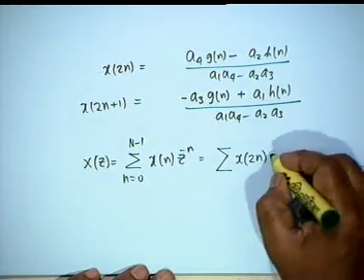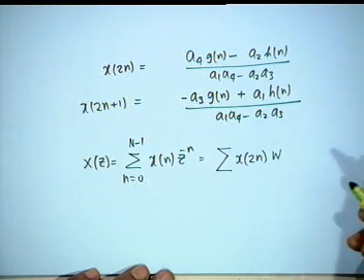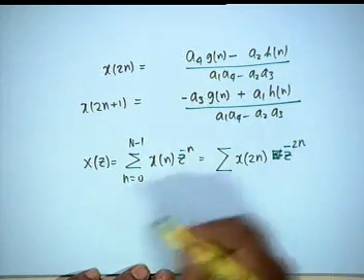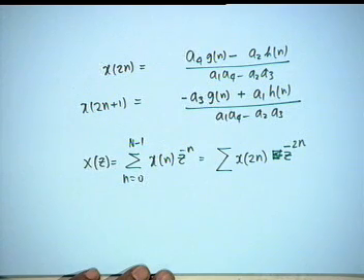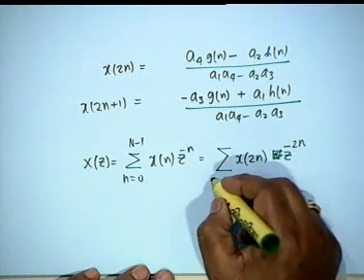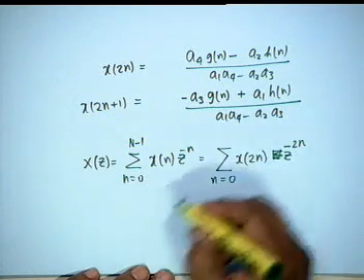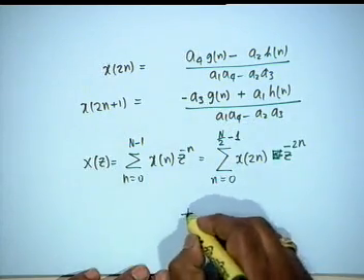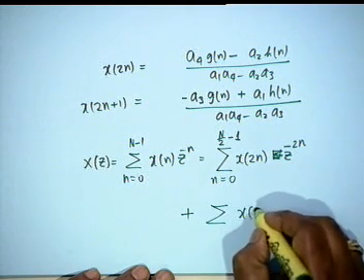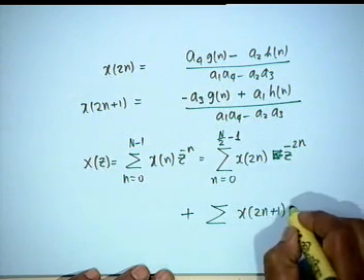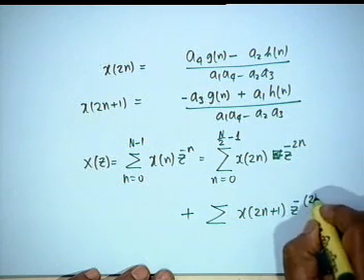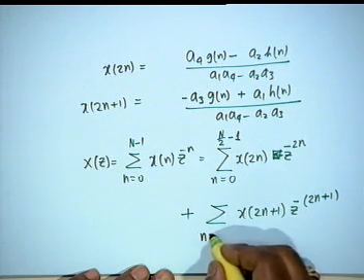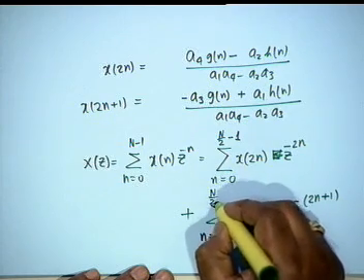X of 2n Z to the minus 2n, agreed, where n goes from 0 to N by 2 minus 1, plus summation x of 2n plus 1 Z to the minus 2n plus 1, n equal to 0 to N by 2 minus 1.